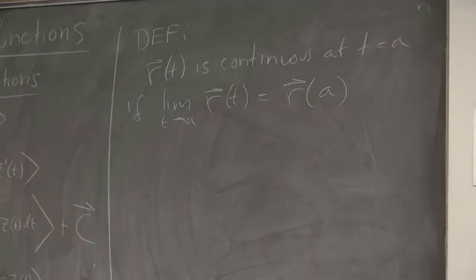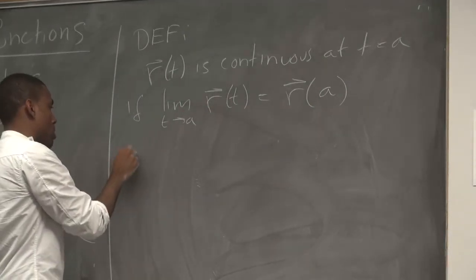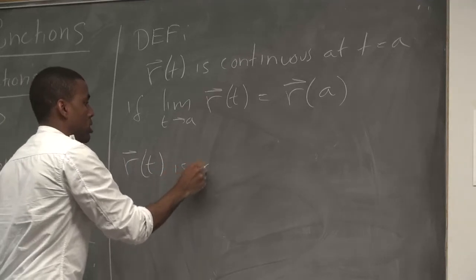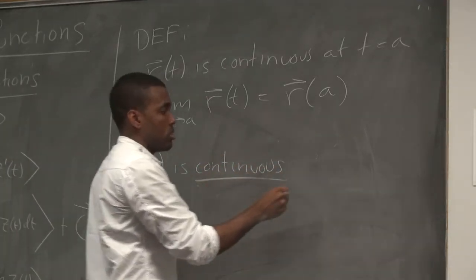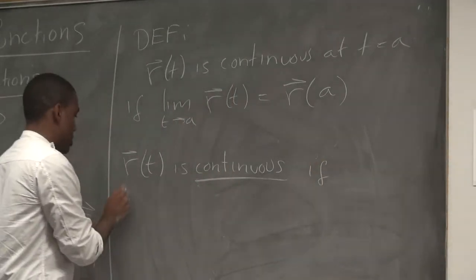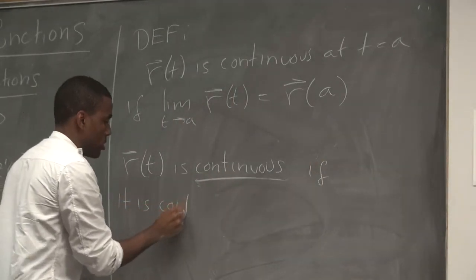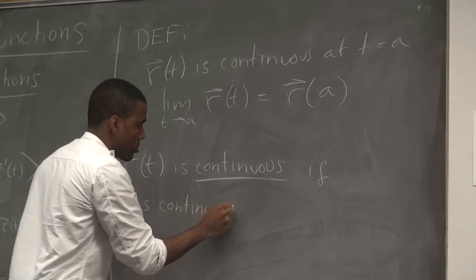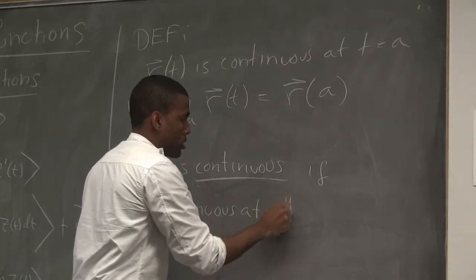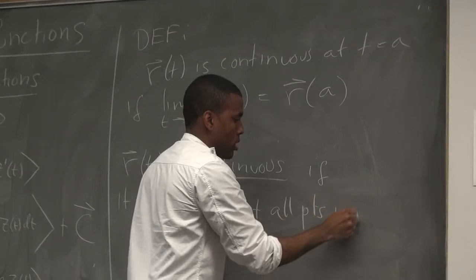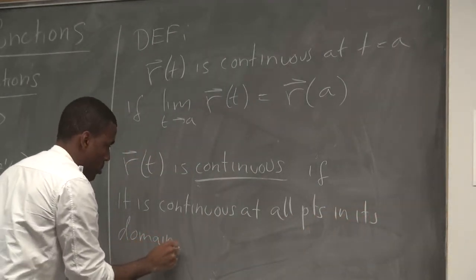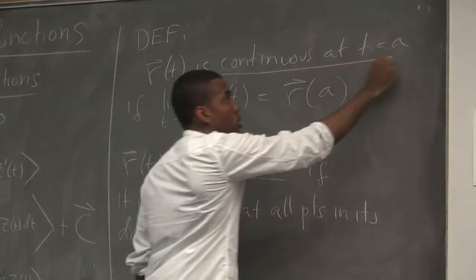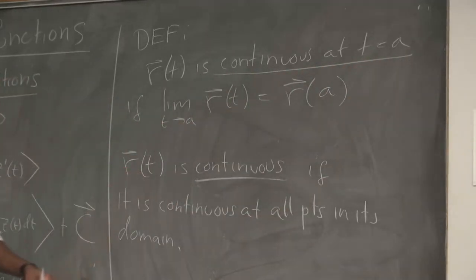Whenever that happens, you say you're continuous at the point, and r of t is continuous in general if it is continuous at all points in its domain. All right, so this is continuous at a point, or it can be continuous in general, right? And these are the definitions respectively.